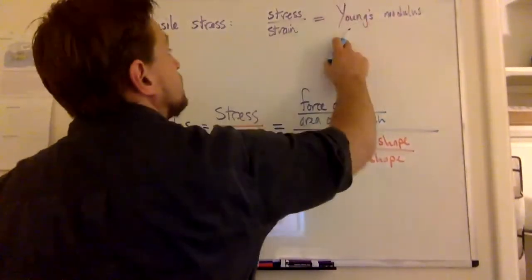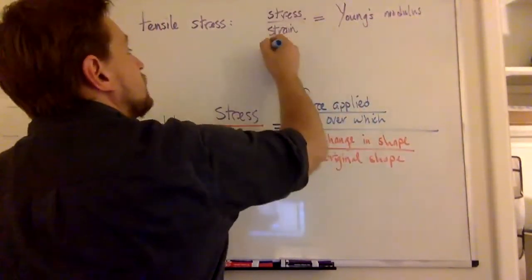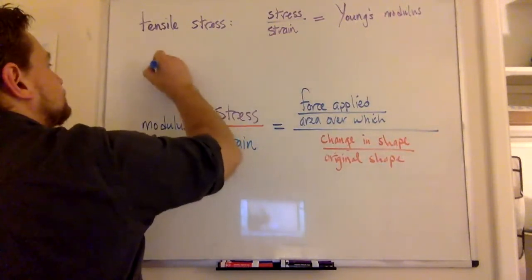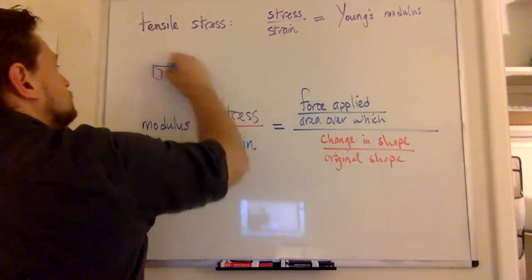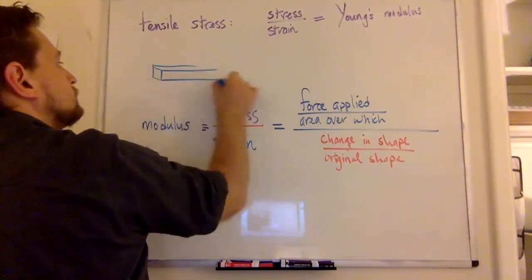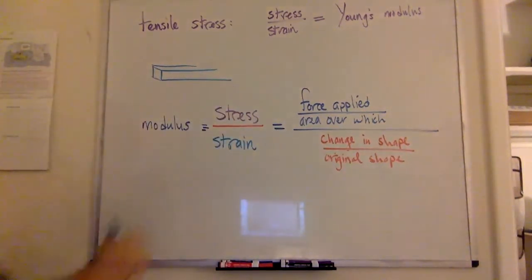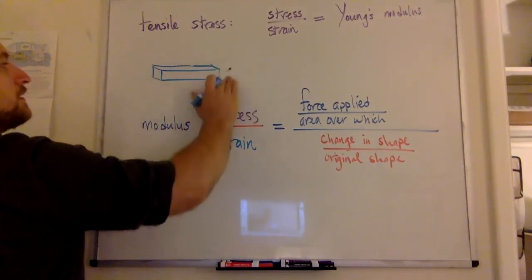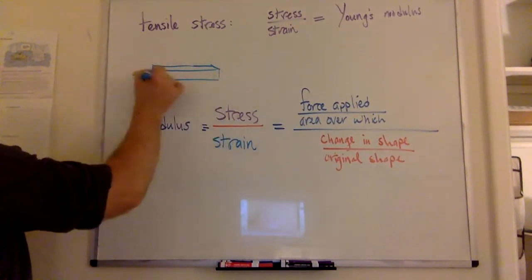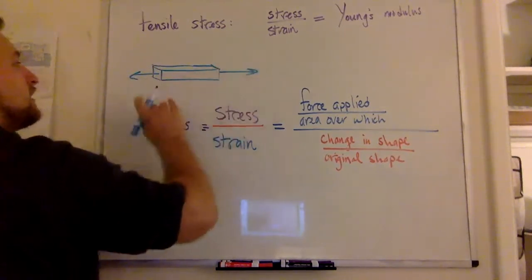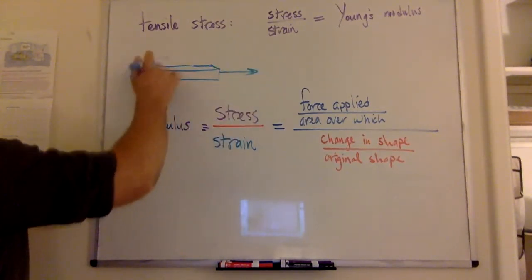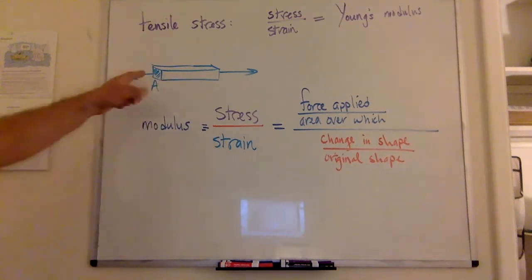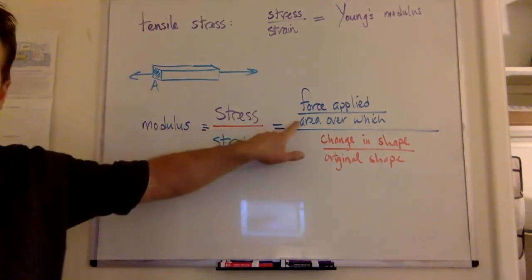So we're talking about Young's modulus, the stress we're going to apply. So let's say we're talking about an object like this, and we're going to apply a force to stretch it on each end. The area of that face, that's the area that we're talking about when we apply that force.